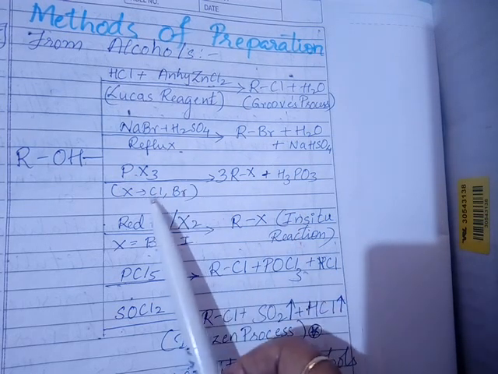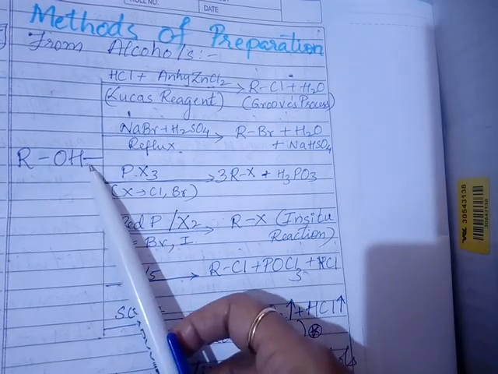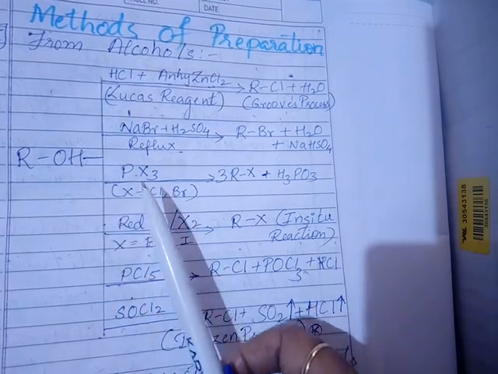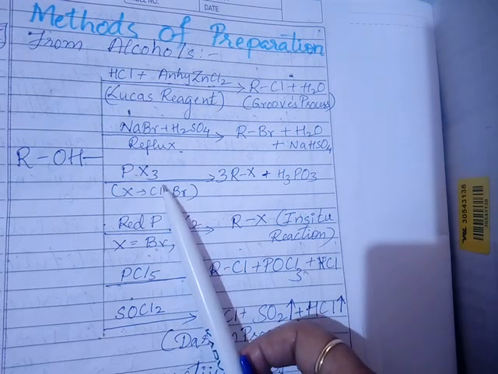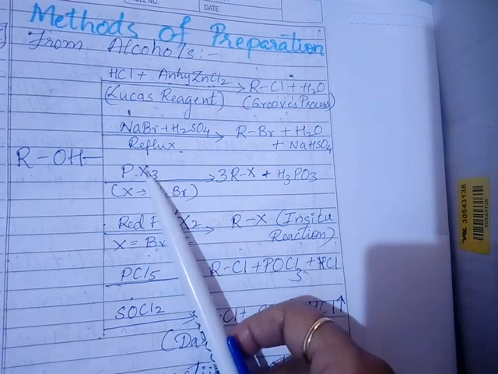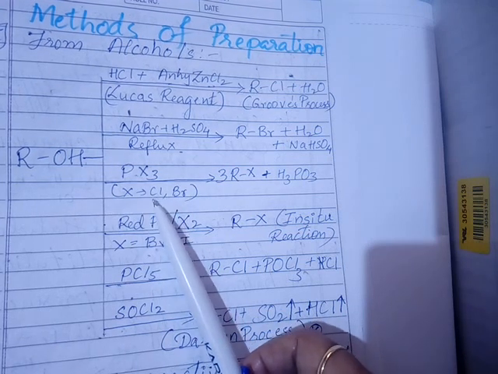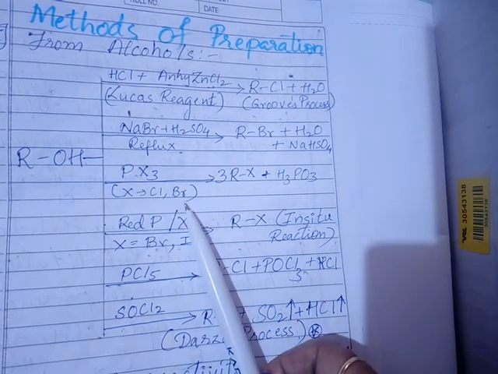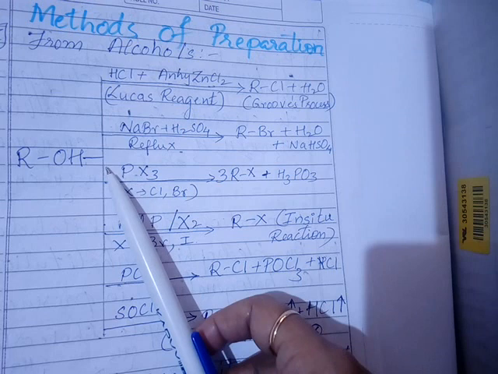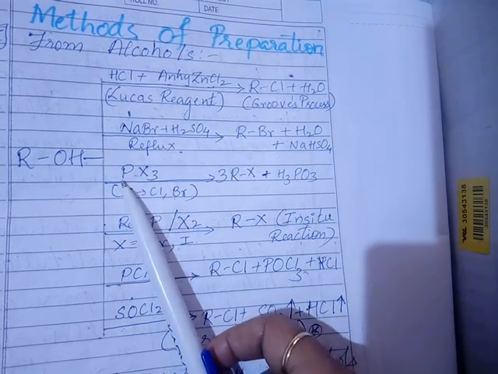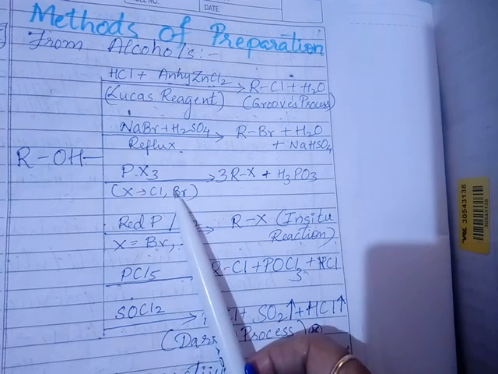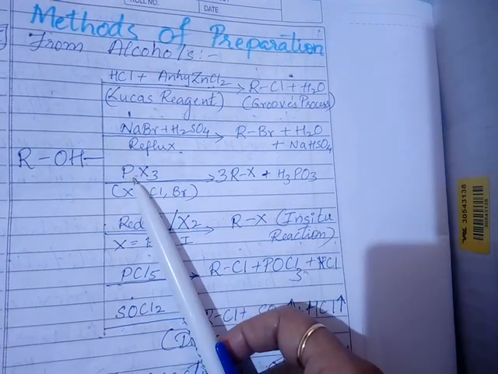Next method, again alcohol is treated with PX3, which is phosphorus trihalide, where X stands for either Cl or Br. When you treat it with phosphorus trihalide, either PCl3 or PBr3, a reaction takes place.